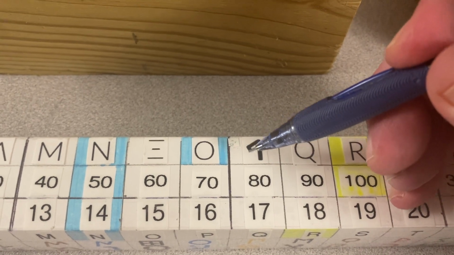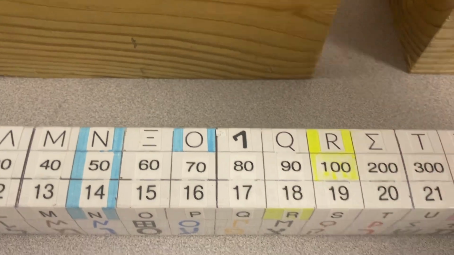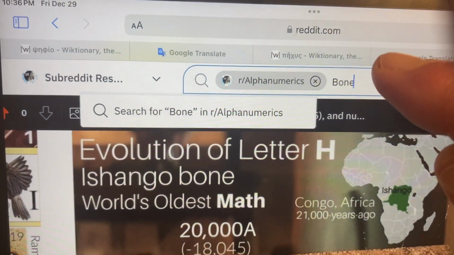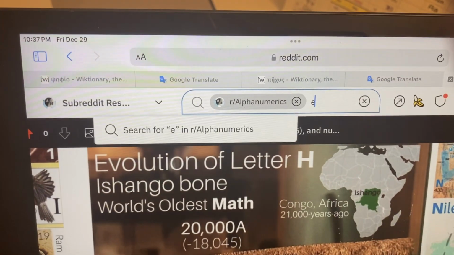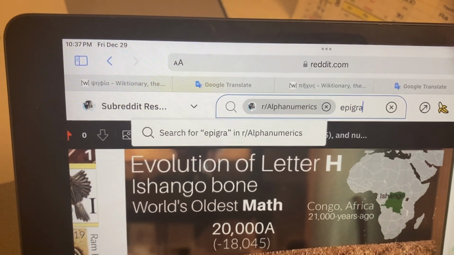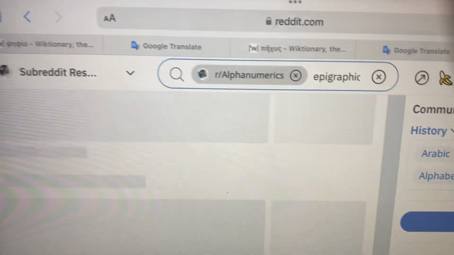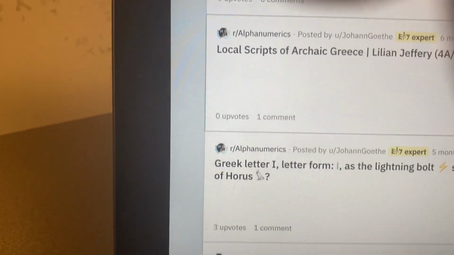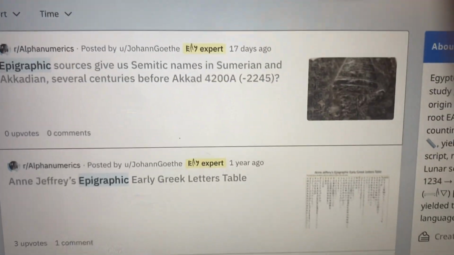And this pole that's angled over here, if you look at Jeffery's epigraphic letter forms, so if we go over here, we type in epigraphic, and we go to Jeffery's, we go to this link.